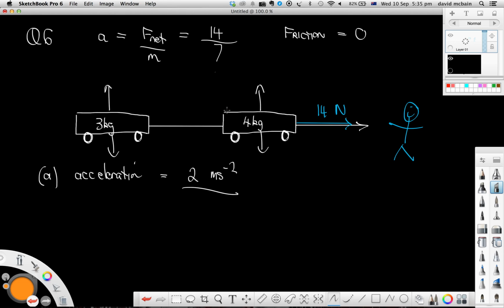This trolley, the 4 kilogram trolley, is pulling the 3 kilogram trolley, and it's pulling it in this direction. So there's a force there, which is the force of the 4 kilogram trolley trying to pull the 3 kilogram trolley.